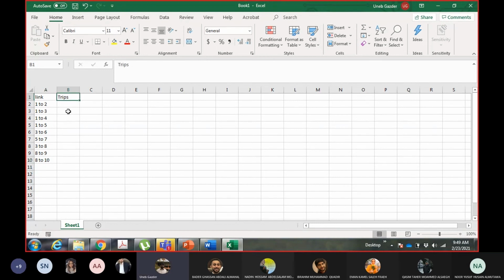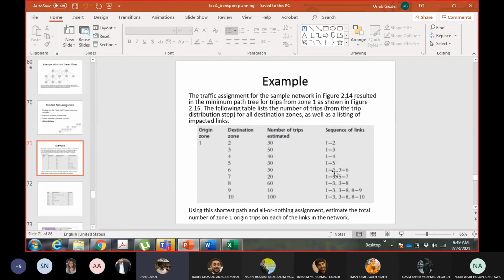These are the links which are appearing here in one way or the other.